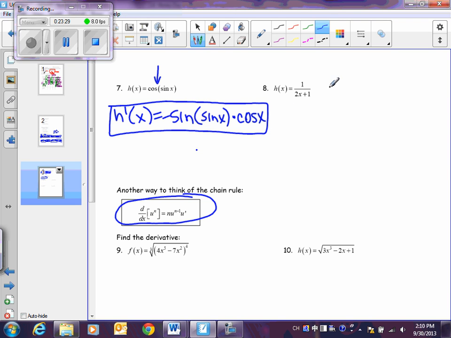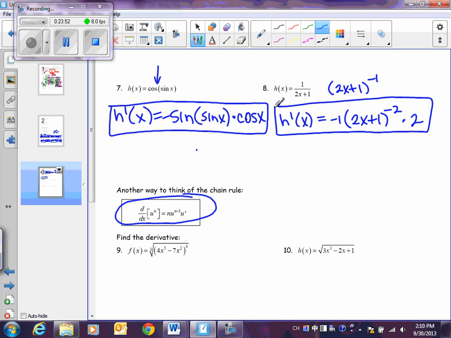And so hopefully you did something like this, maybe as prep work, or at least you thought of that in your mind. And so for number 8, what then would be the derivative? Negative 1, 2x plus 1, times 2.